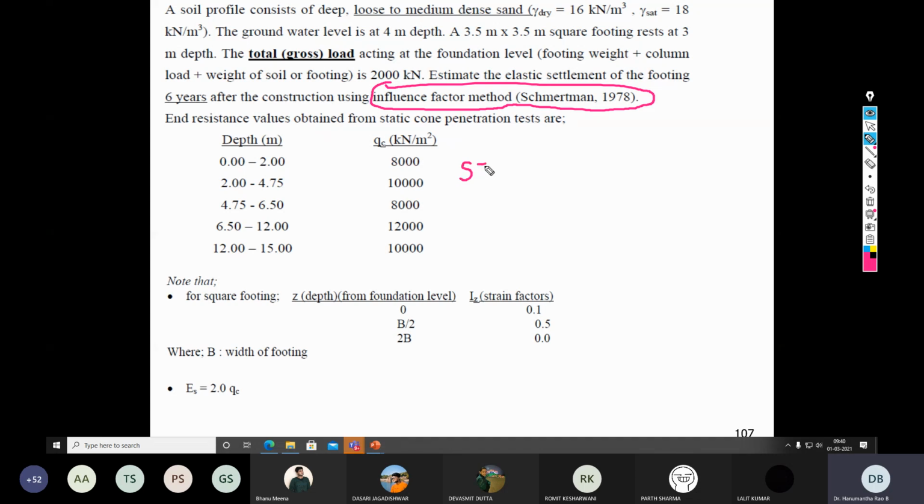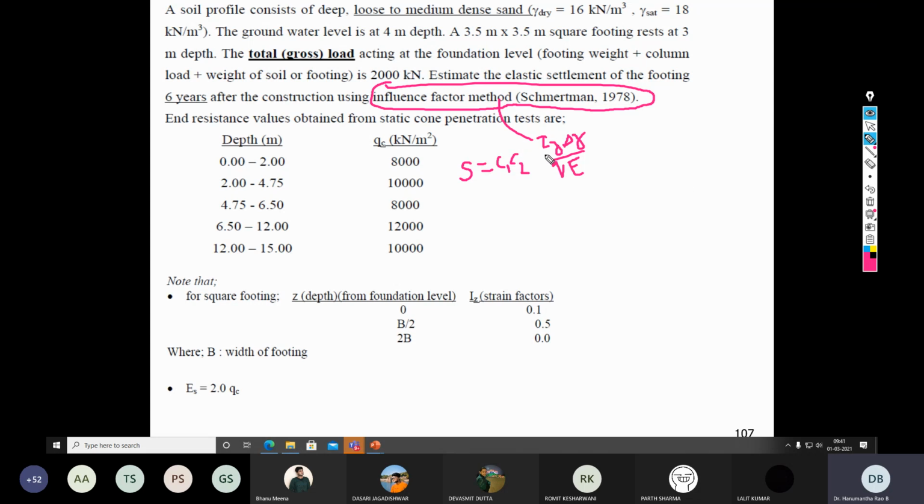The equation is something like S is equal to C1 multiplied by C2 multiplied by q into the summation of Iz by Es into delta Z. I also do not remember exactly, but this is the form of the equation, where C1 accounts for the depth of the footing, C2 accounts for the creep effect, and Iz is the strain influence factor, delta Z is the thickness of the layer, q is the intensity of the load, and Es is the elastic modulus of the soil.